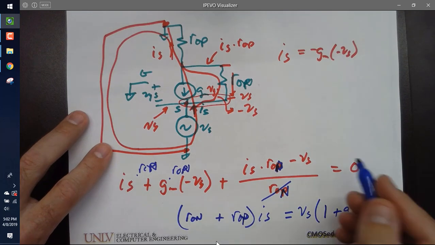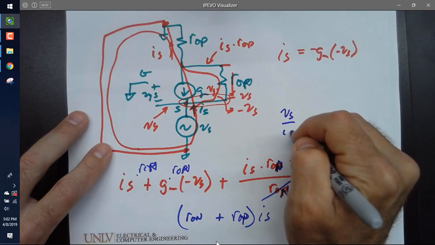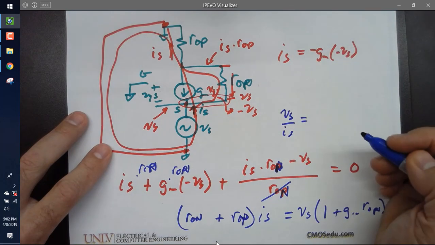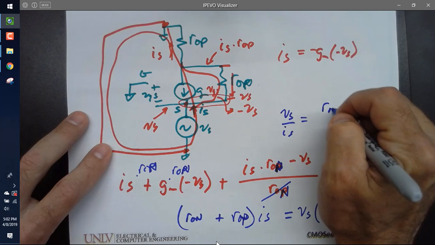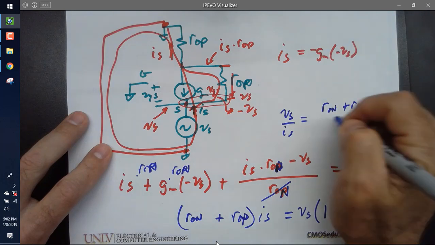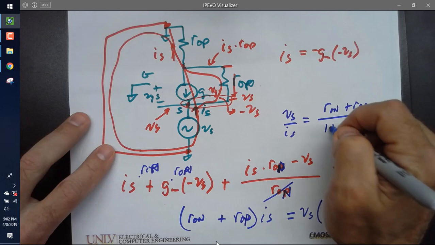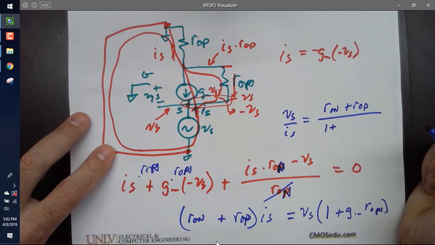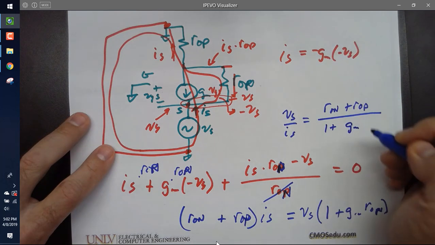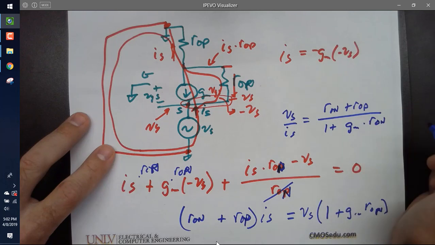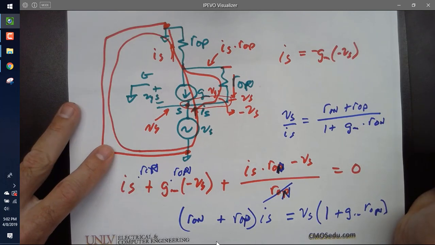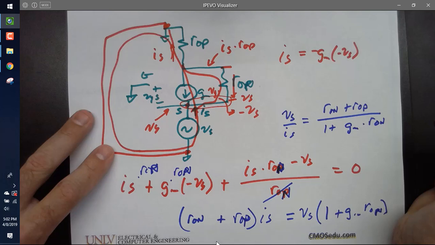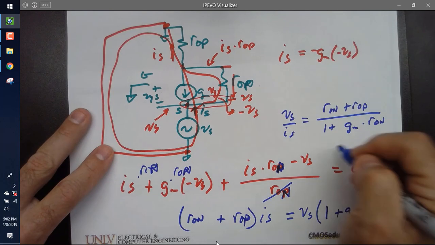All right, and then I get VS over IS is equal to RON plus ROP divided by 1 plus GM times RON. And I'm going to divide the top and bottom by RON. Let me think if I can get an easier way of doing that.